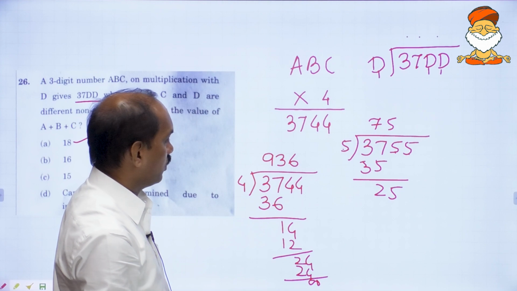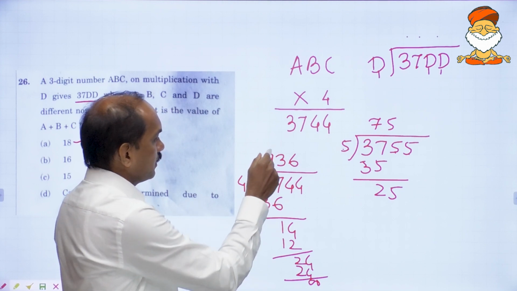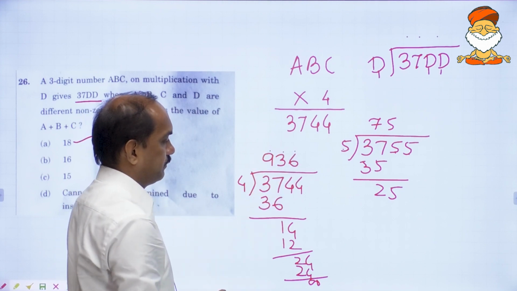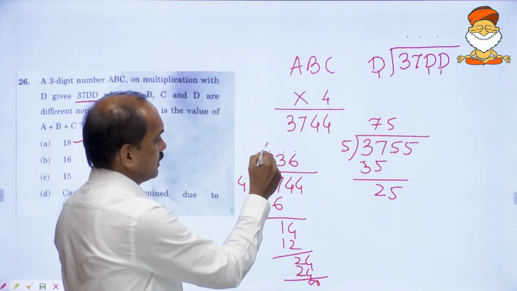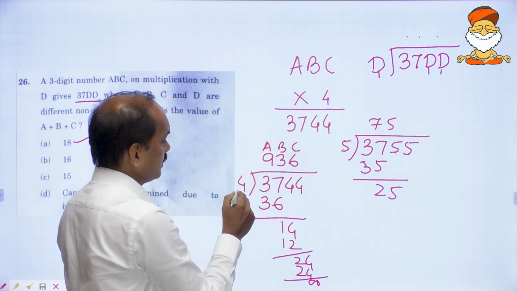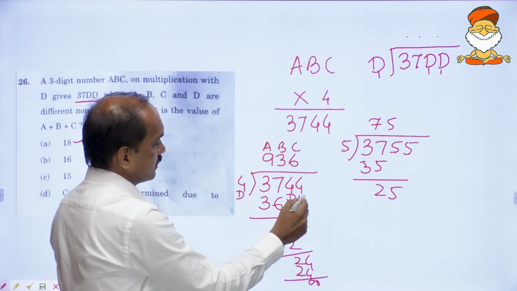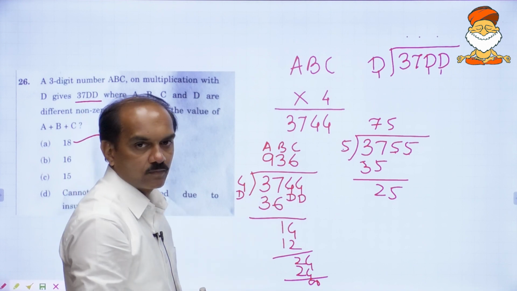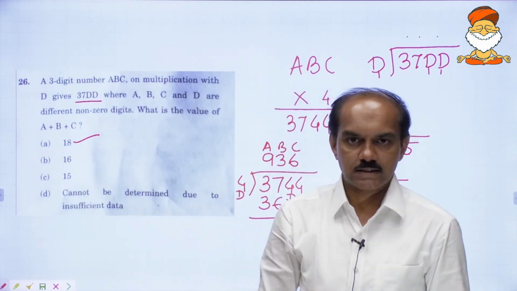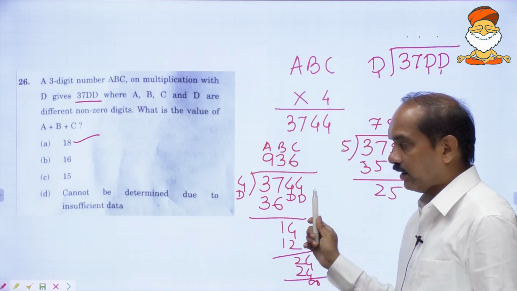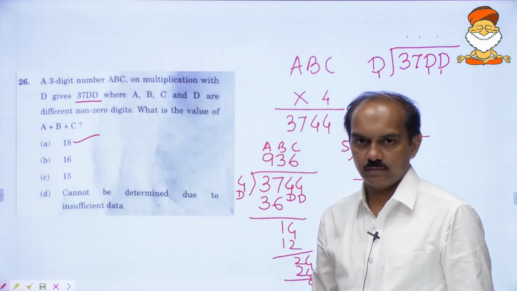Here what you will have to observe is these digits should be different. Okay, this is A, this is B, this is C, this is D, and D is repeated here also. Okay, this is how you will have to guess, and it didn't take much time, to me at least.